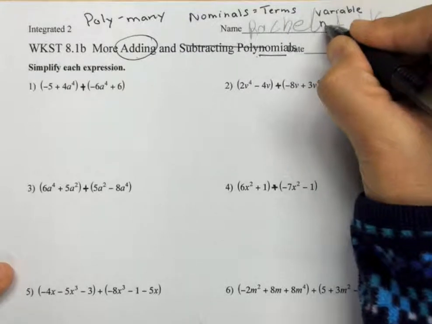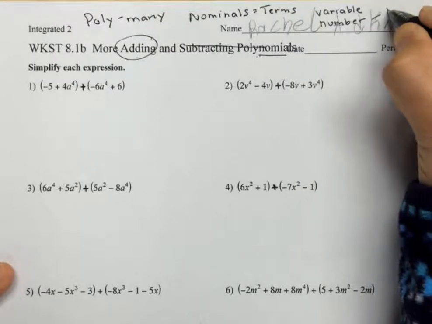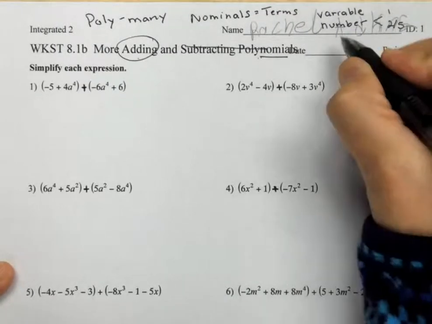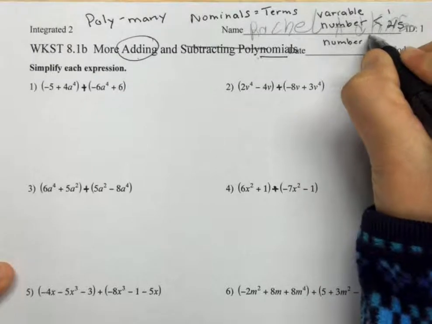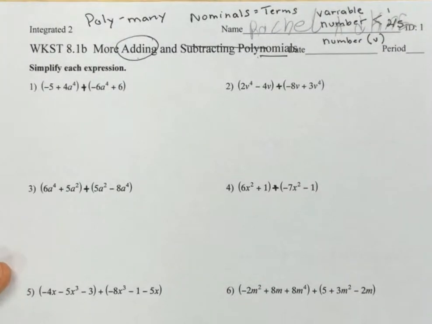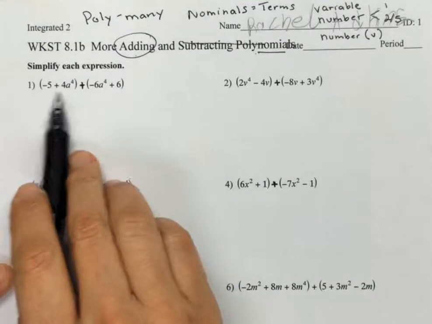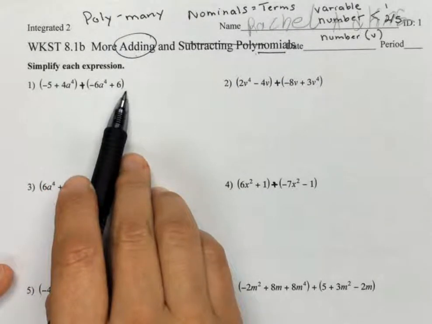It can be a number all by itself. That can be a whole number or a fraction. It also includes a number times a variable. So we're going to look at adding polynomials, adding algebraic expressions that have more than one term.